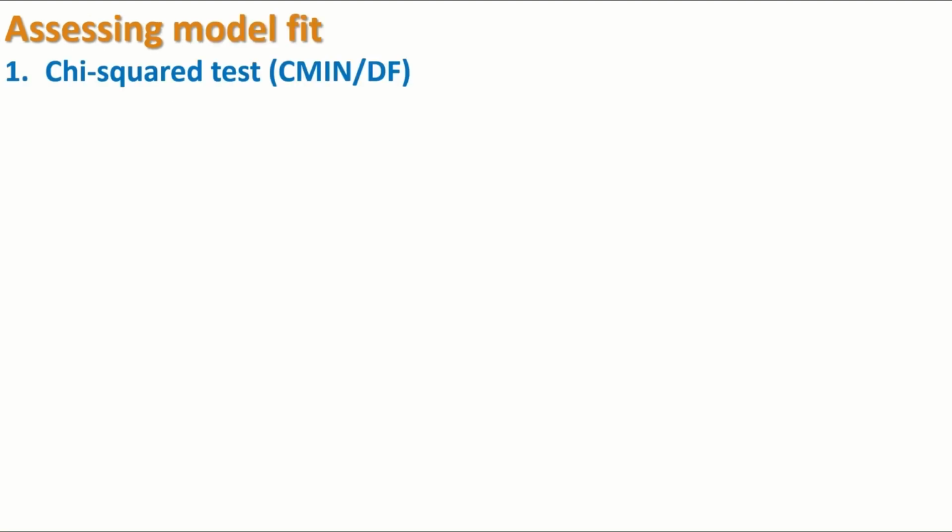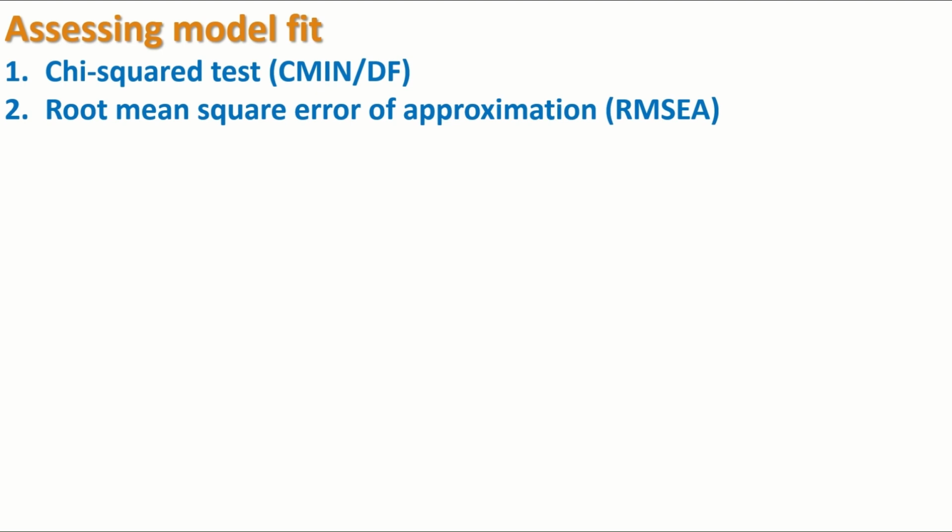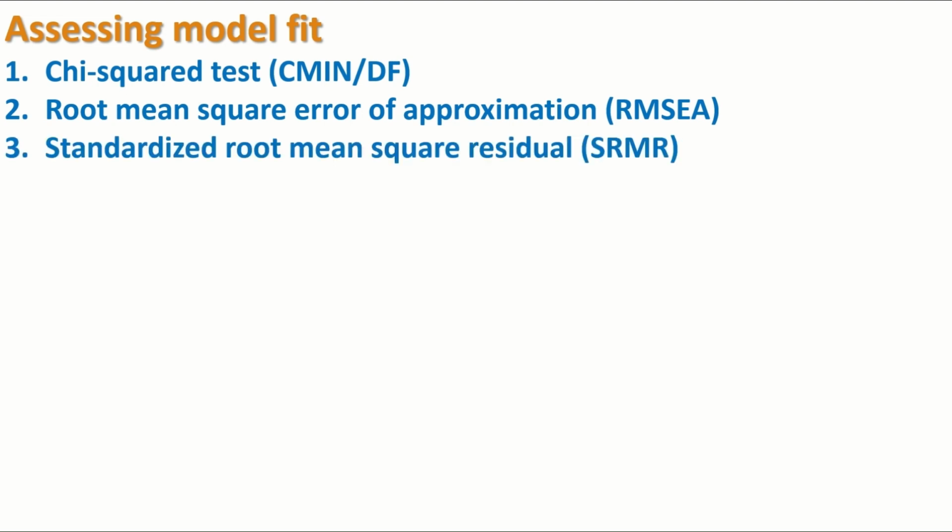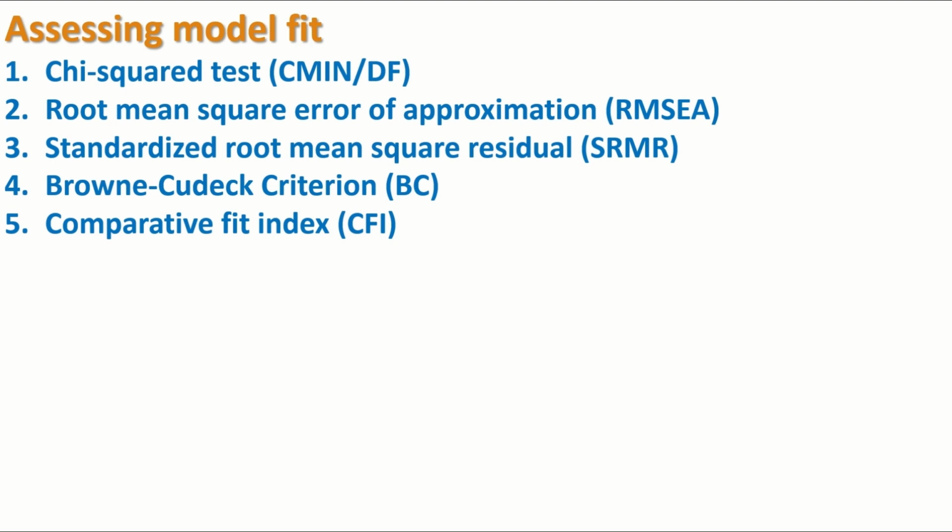Some of the indices that can be used for assessing the model fit are the chi-square test, CMIN divided by DF. The second one is root mean square error of approximation, abbreviated as RMSEA. The third one is standardized root mean square residual, SRMR. The fourth one is Browne-Cudeck criterion, BCC.